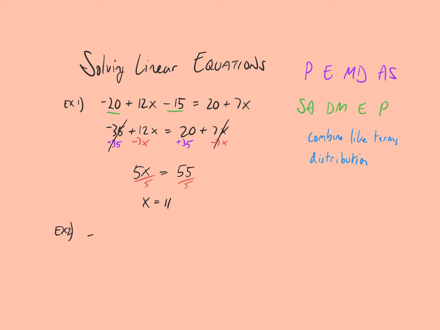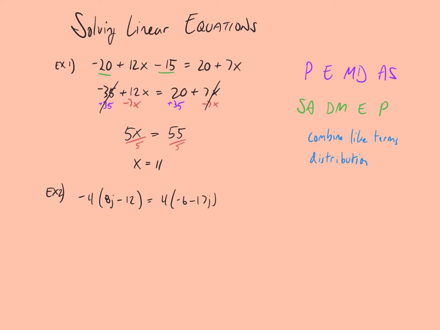So maybe something like negative 4 times 8j minus 12 equals 4 times negative 6 minus 17j. So I want to go and distribute here on each side. So negative 4 times 8 is negative 32 j's. Negative 4 times 12 would be positive 48.